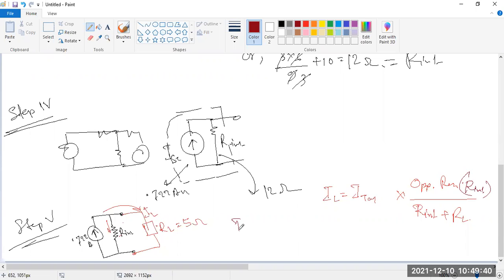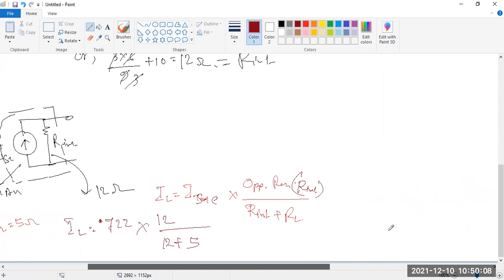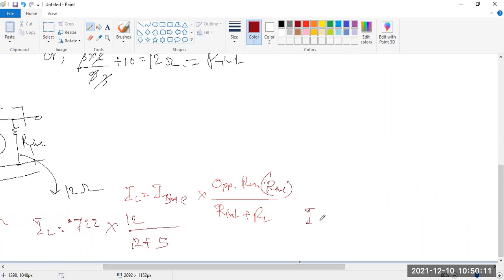Okay, so ISC is 0.722 into R internal, it is 12 ohm, divided by 12 ohm plus R load. This is 5. So you can find that IL equals 0.722 into 12 by 17. That is 12 by 17.